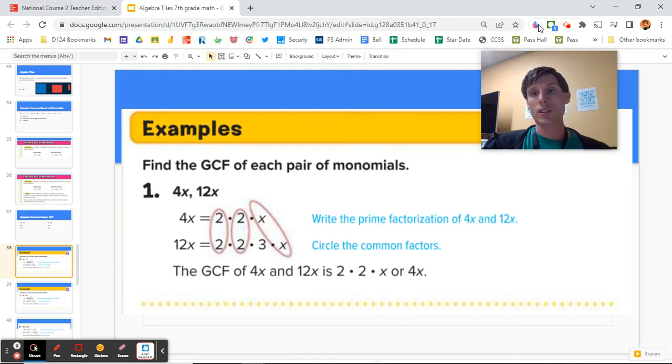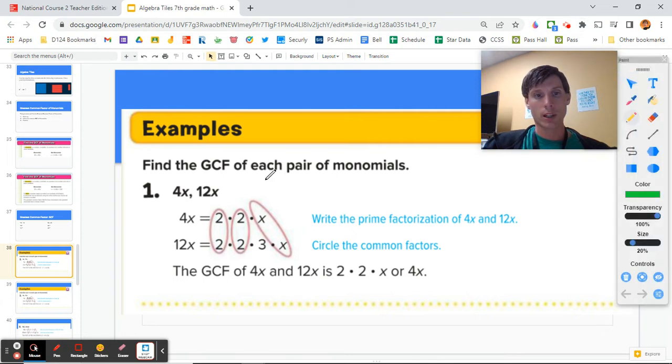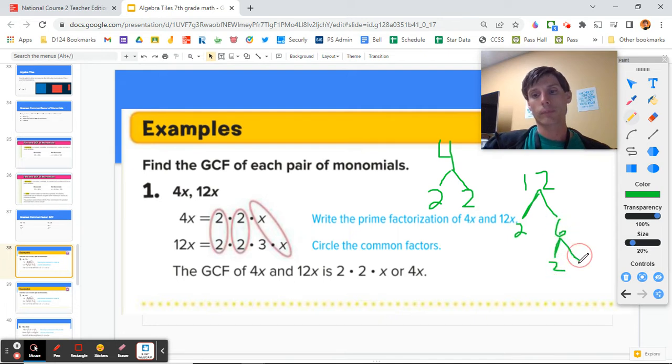Okay, so 4x and 12x. Just like before, we could always do a little factor tree with our numbers, right? We know, as we said before, 2 times 2 is the factor tree for 4. For 12, we could do 2 times 6, and then 2 times 3.